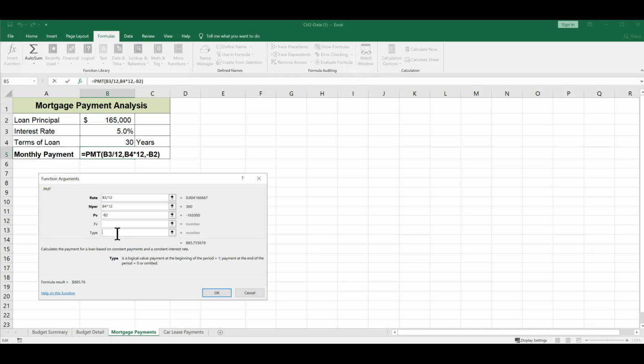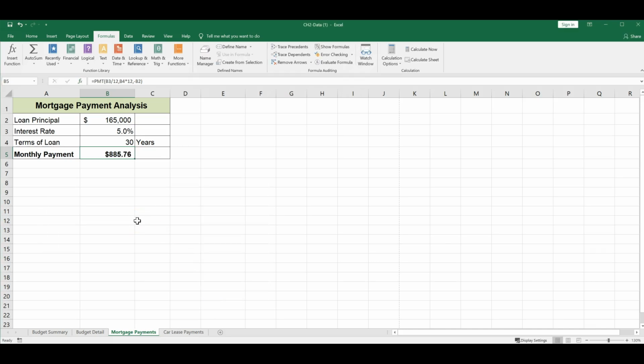It's going to assume a 0 if you don't force it to be 1. So 1 says the payment is made at the beginning of the period versus the payment is made at the end of the period. Again, it's a financial calculation, and it has to do with when it's calculating the interest based on the current value. Anyway, I'm just going to let this default.